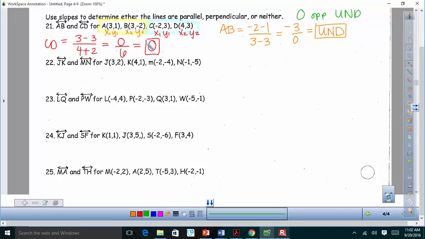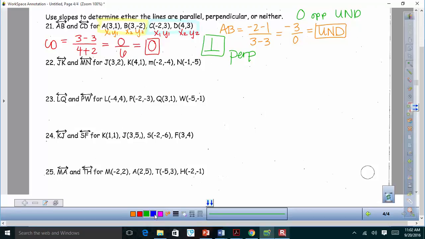Okay, 0 can't be positive or negative, right? So it doesn't matter what the sign is there. These are actually opposites, so this would be perpendicular. Or you can write perp. Okay? So I need you to memorize that so you don't get confused.